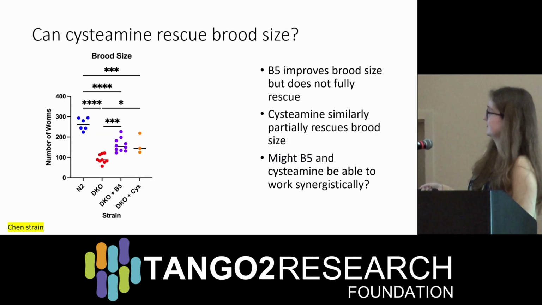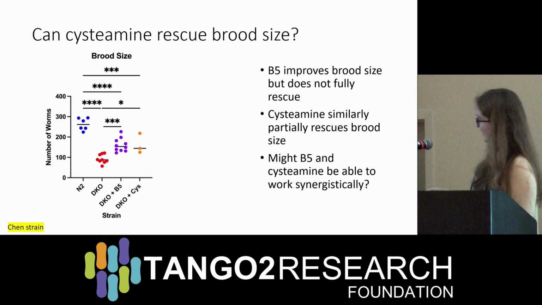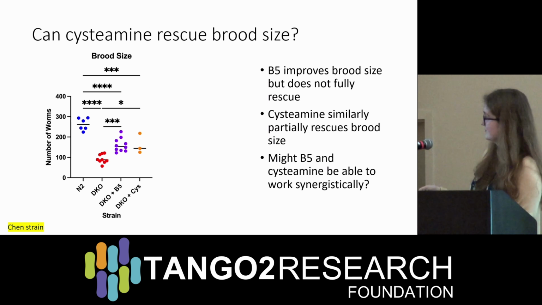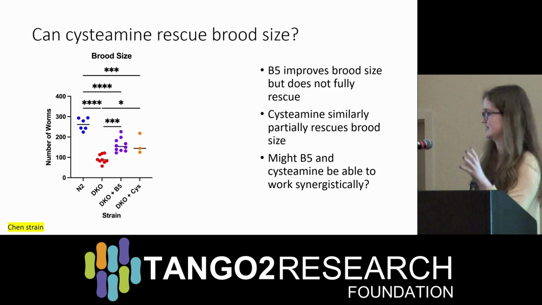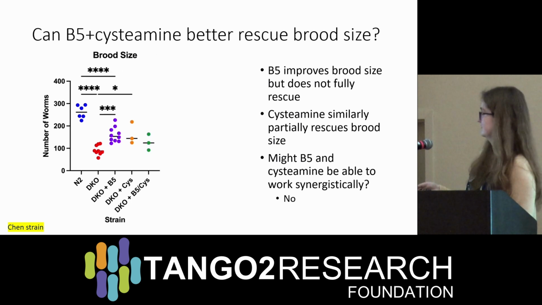If we give the worms extra cysteamine to try to rescue them, we also see that the number of eggs that they lay gets a little bit better. So then our next question was, okay, if we give them both B5 and the cysteamine together, so these two products from that last step, is that able to maybe make them better?